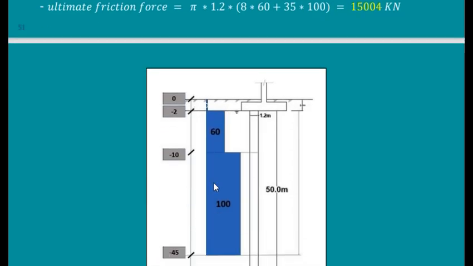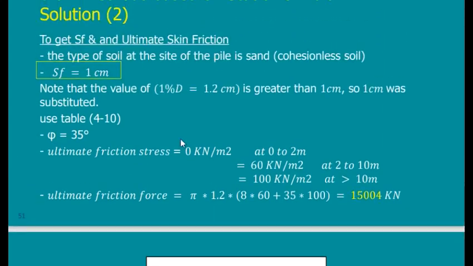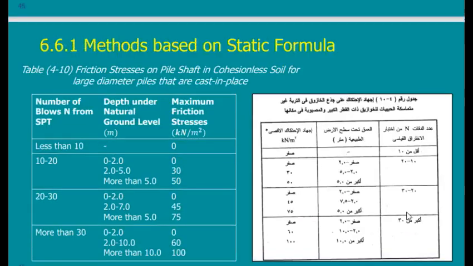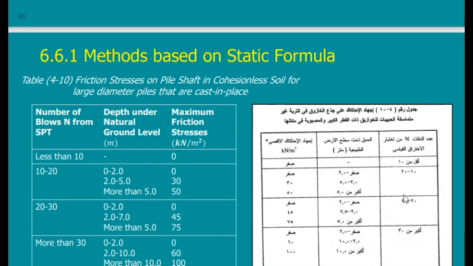What is this? If you go to this table, which is 4.10, this is 4.11, this is 4.10. You will find that depending on the number of blows, it gives me a value for the maximum frictional stress, but it is not one value.